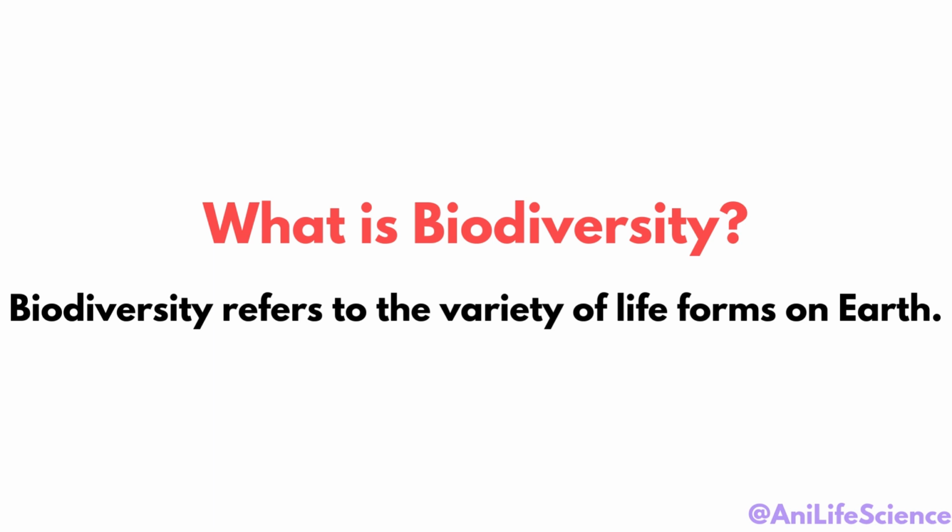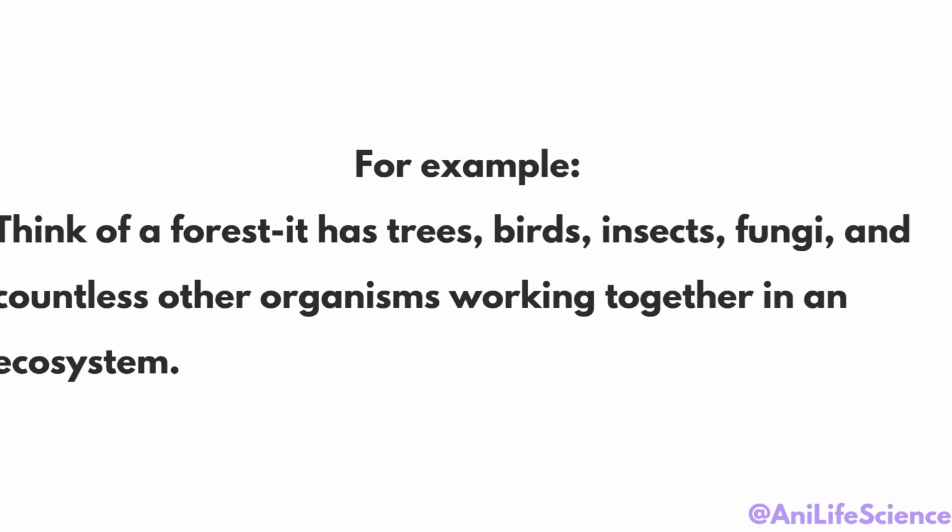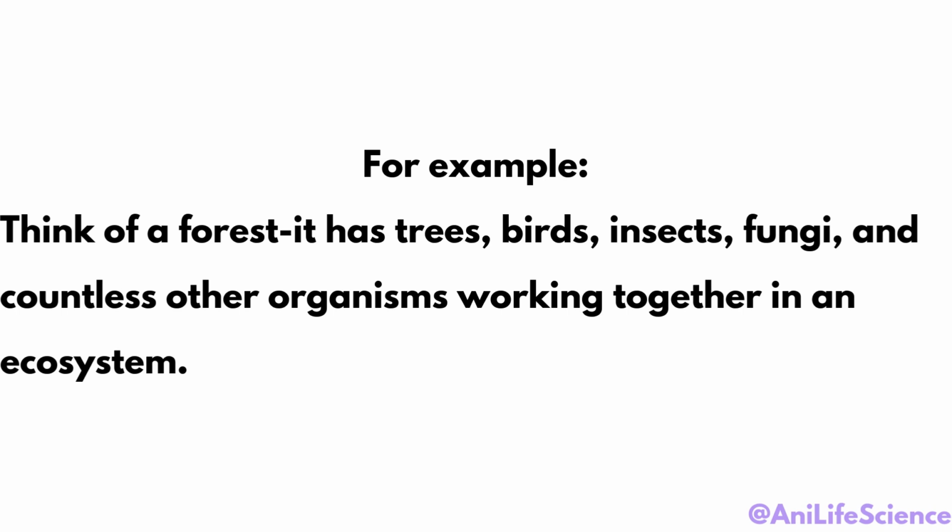Biodiversity refers to the variety of life forms on Earth, including plants, animals, and microorganisms. The wide range of organisms makes our planet rich and full of life. For example, think of a forest. It has trees, birds, insects, fungi, and countless other organisms working together in an ecosystem.